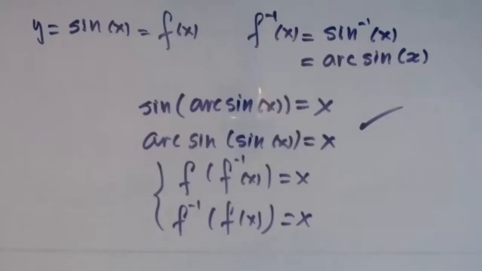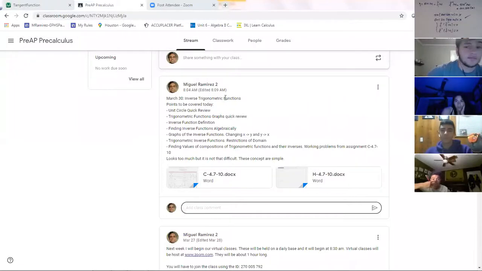Don't forget that. Okay, let me just activate this one. So if I share this with you, you see the Google Classroom, here is the assignment I'm showing you. This is the assignment having those graphs.